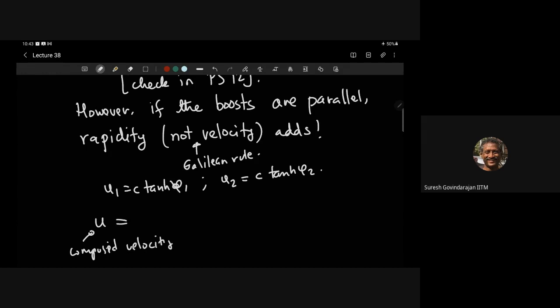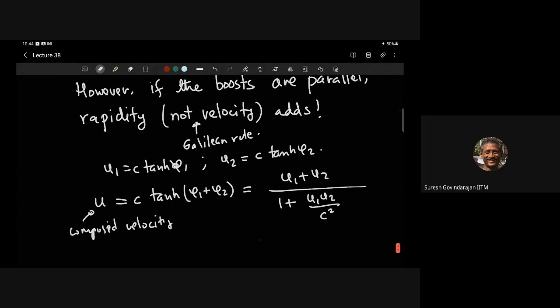It will be c tanh of phi 1 plus phi 2, which if you work it out in terms of these quantities will be u1 plus u2 divided by 1 plus u1 u2 over c squared.